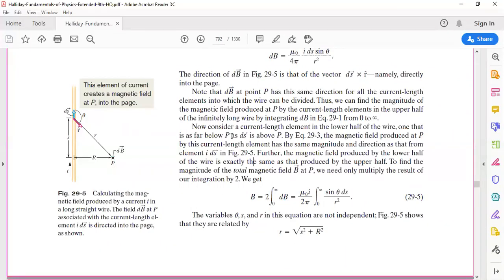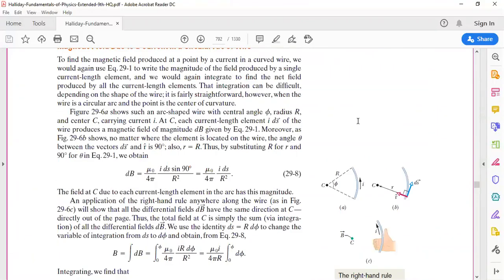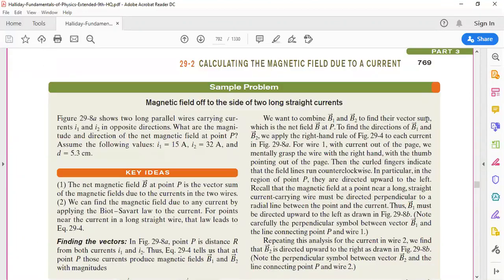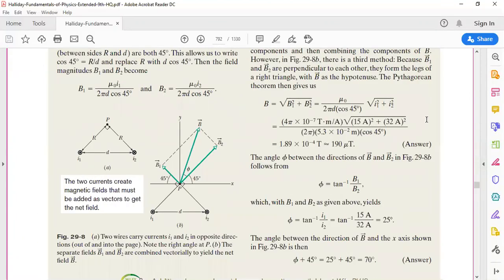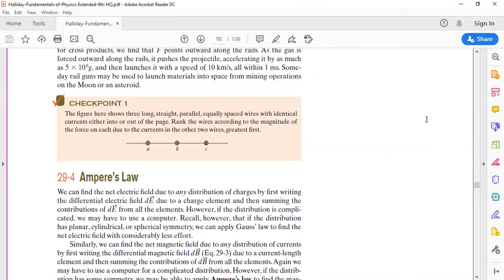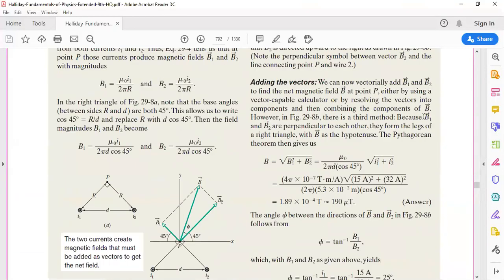And similarly, what is symmetry and what is its importance in our calculations or in any scientific calculation. So this is all for today. Tomorrow we will move further into such problems, try to apply this knowledge, and then move towards Ampere's law, which is very important for certain applications and calculations.